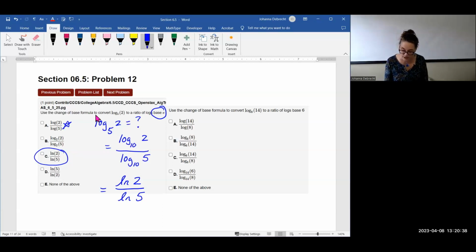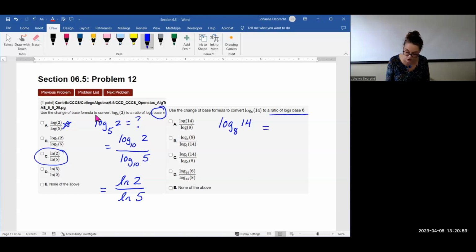Now, this one wants us to change to a ratio of logs base 6, which we would not often do because I don't have base 6 on my calculator, but we can do it. That means it's not going to be a problem. So we have log base 8 of 14. The original answer part is 14 and the original base is 8.